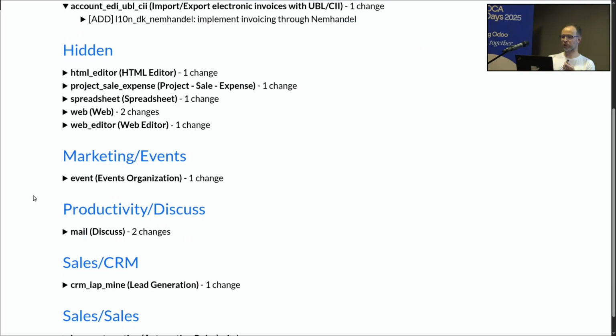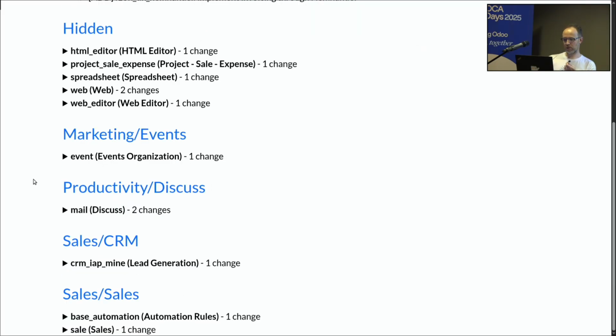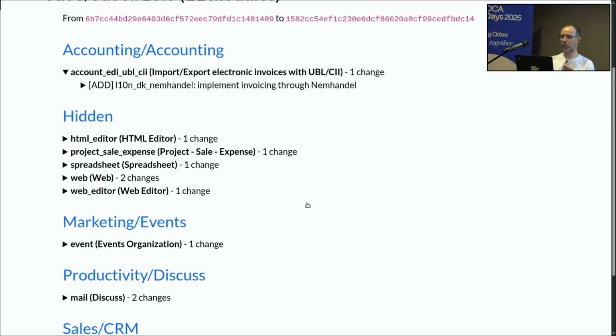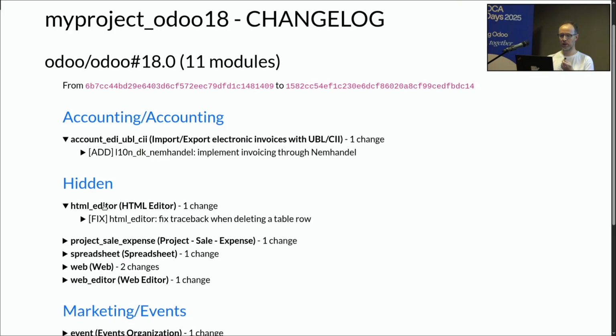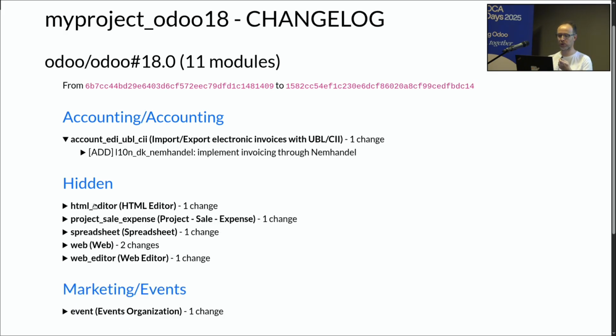So at a glance, you could plan with business analysts and customers where tests will have to be done. So mainly in accounting or inventory or whatever, depending on the change, so you can review them faster than checking the GitHub repository of Odoo.